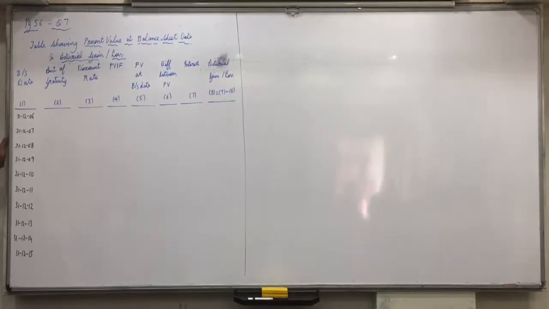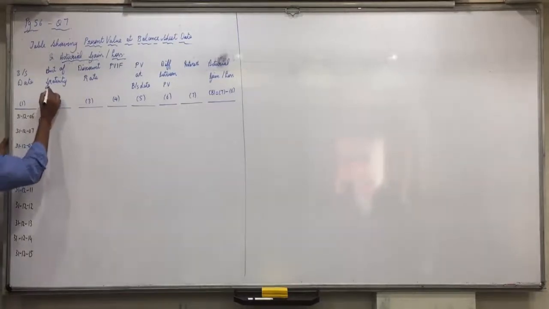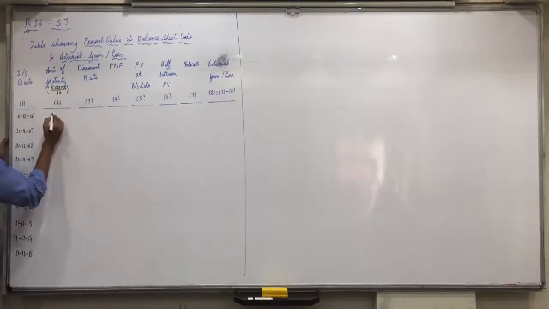Now, amount of gratuity. See, if 5 lakhs is to be paid after 10 years, then every year what amount should the company keep aside? 50,000. So what company has to provide for the amount of gratuity every year? 5 lakhs divided by 10, 50,000 every year.